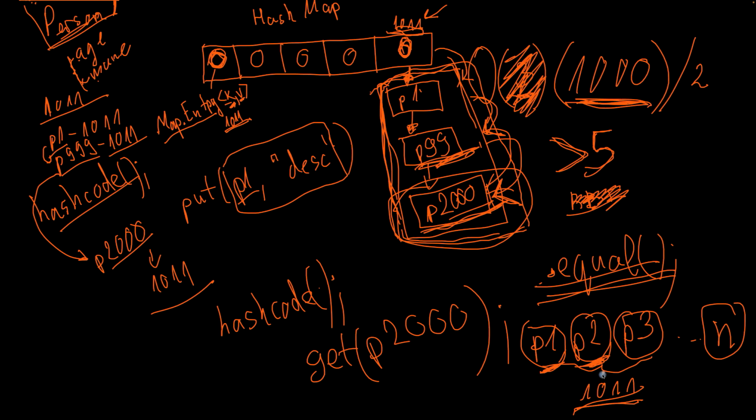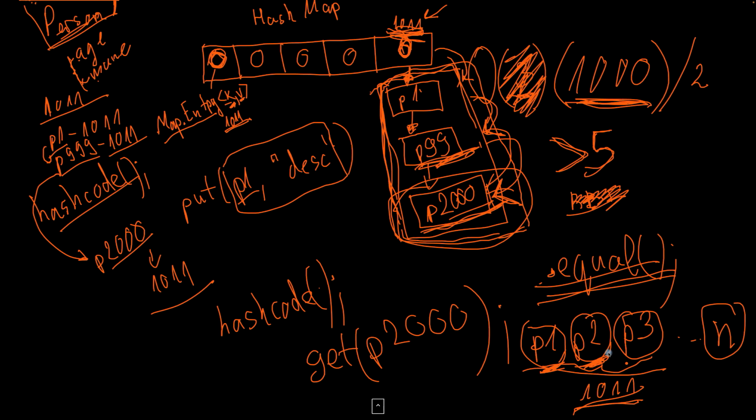But here the equals method combined with the hash code will guarantee the uniqueness, because, like I say, it will start to iterate on the same hash code.